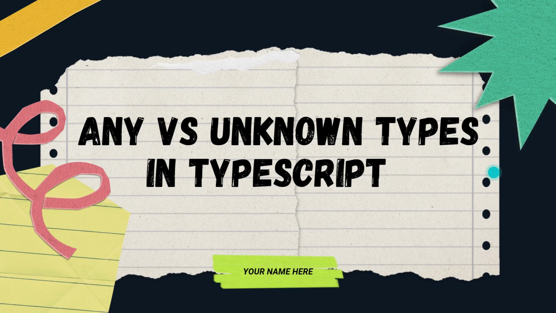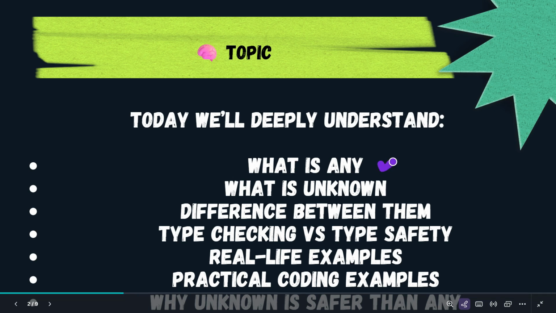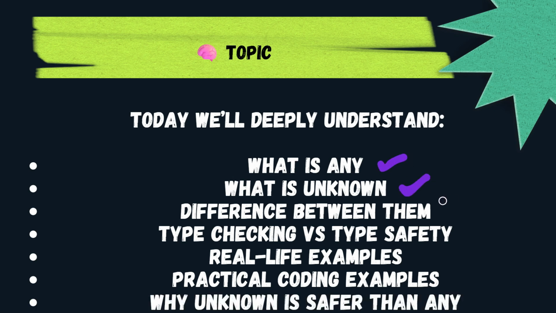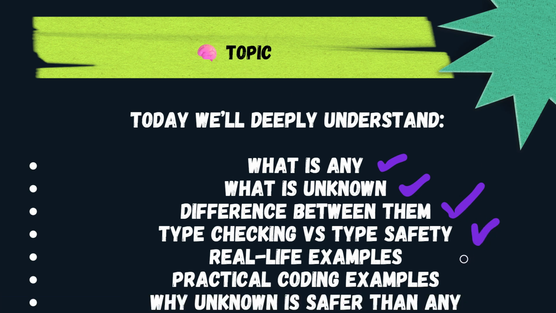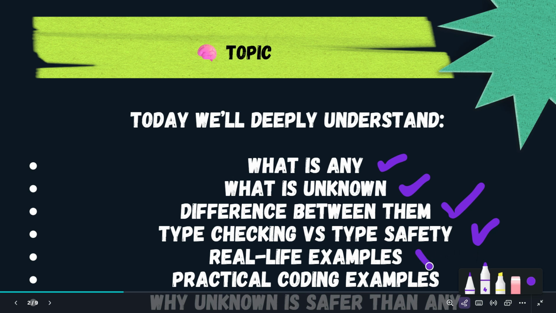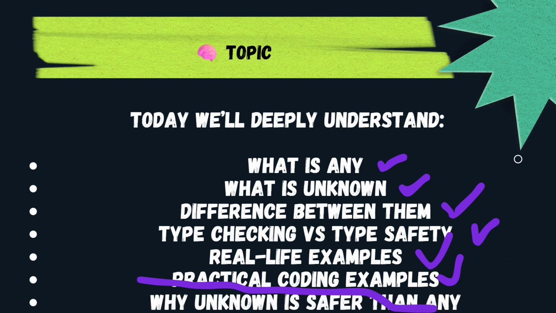Today we will deeply understand what is any, what is unknown, the difference between them, type checking versus type safety with any and unknown, and then practical coding examples, and why unknown is safer than any. By the end of this video you will know exactly when to use any and when to use unknown.